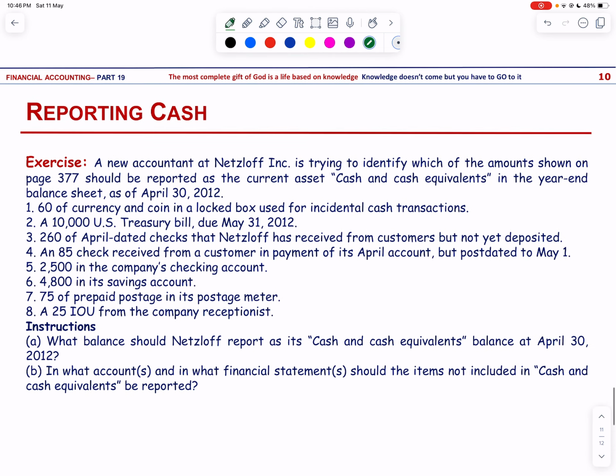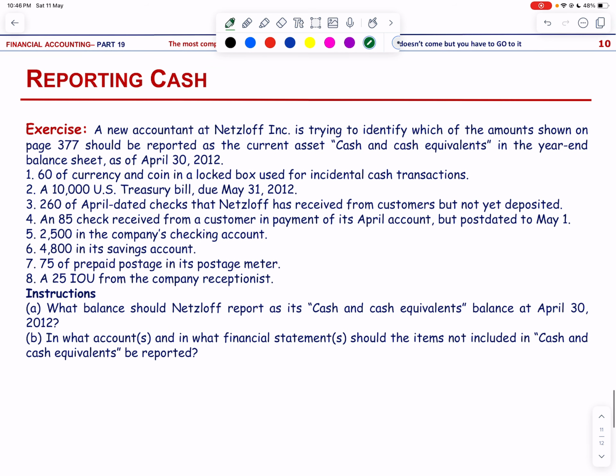Okay, a new accountant at Netzlaff Incorporation is trying to identify which of the amounts shown on page number 77. Okay, you can ignore this part. Which of these amounts should be reported as the current asset, cash and cash equivalent in the year end balance as of April 30, 2012.